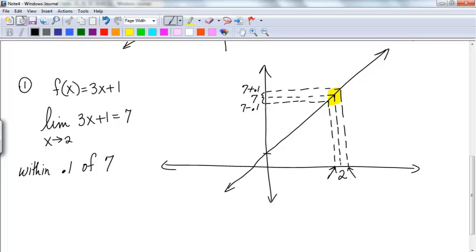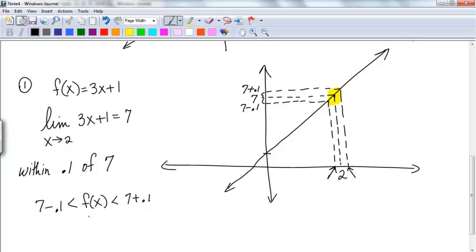So one way to do that, I can do it more than one way, I can take the function f of x and force that in between the 7 plus 0.1 and the 7 minus 0.1.